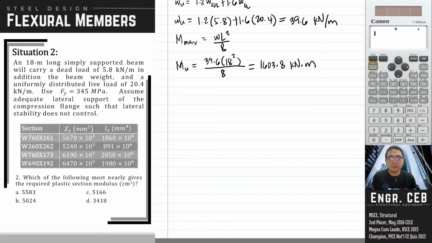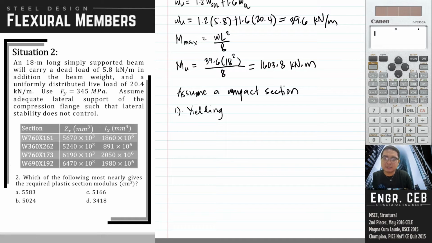Number 2, which of the following most nearly gives the required plastic section modulus? Since we do not know yet if our section is compact or not, we can just assume that our section is compact. For a compact section, our limit states will be yielding and lateral torsional buckling.